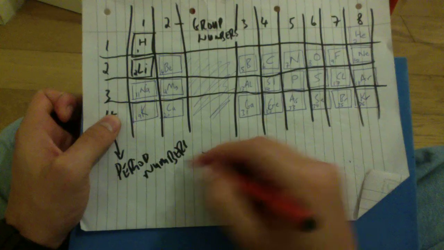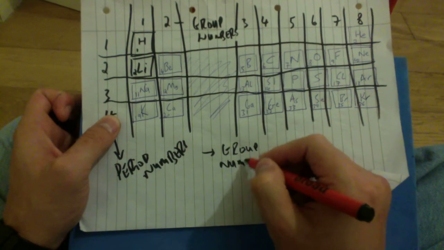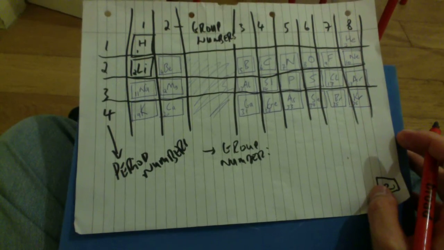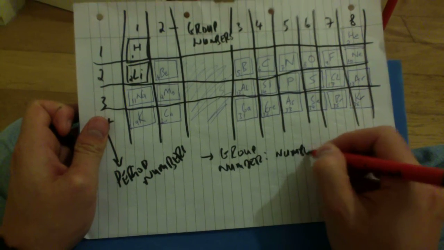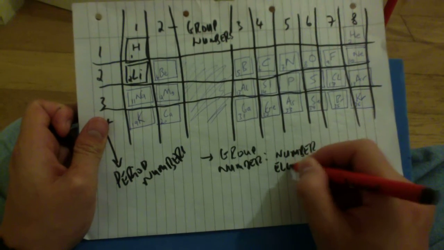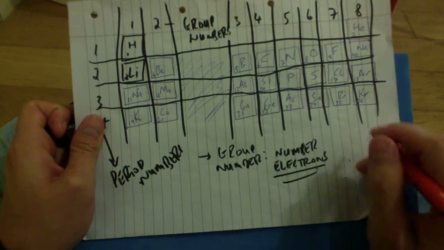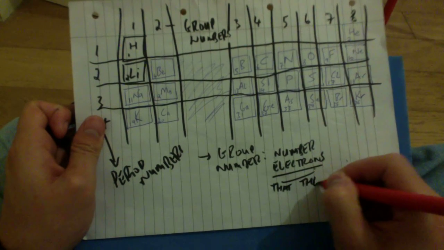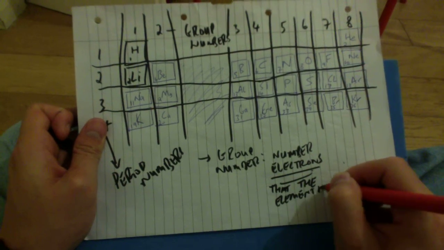The group number tells you the number of electrons that the element has. Let's take an example. These are the group numbers.